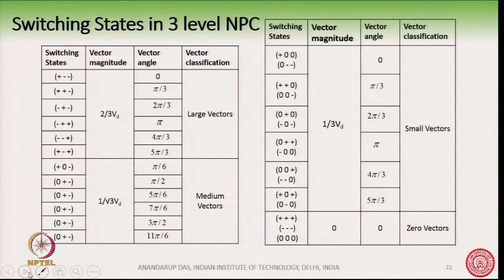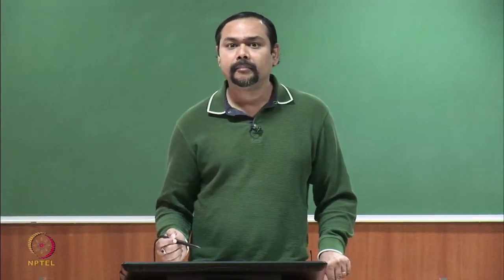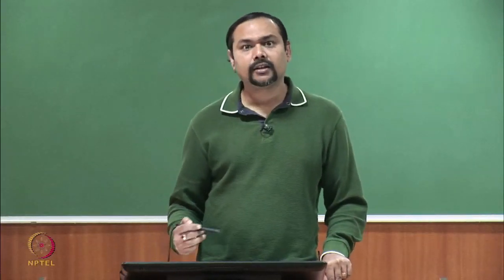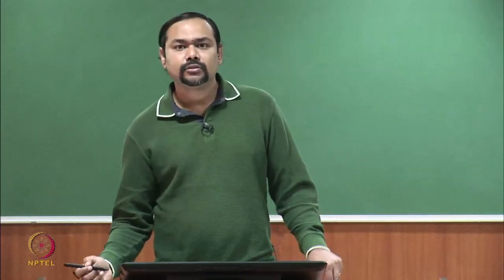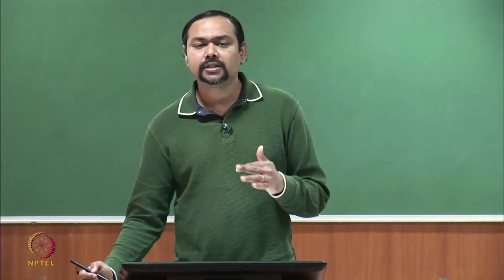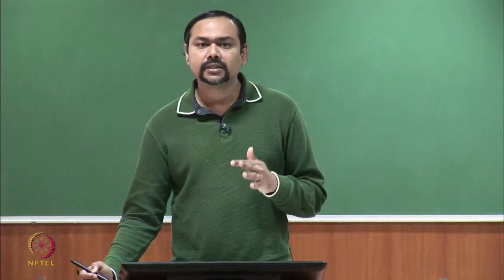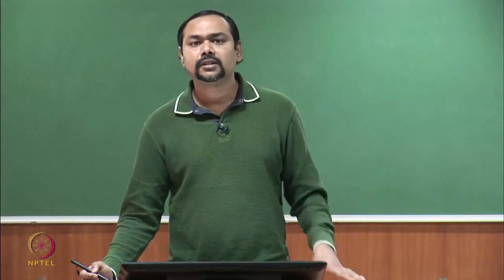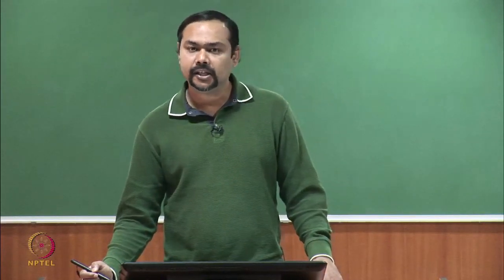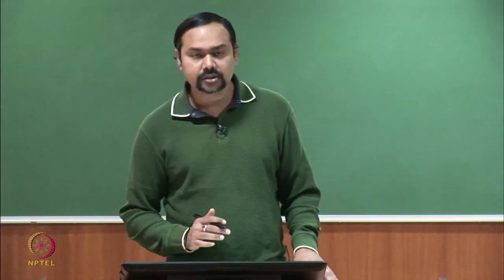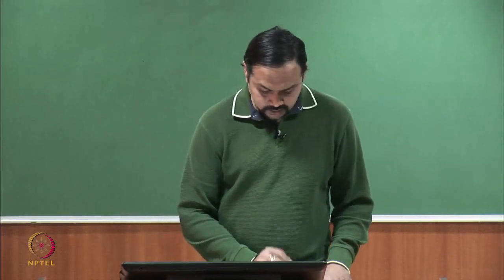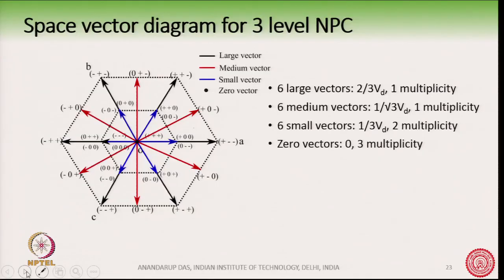So, 6 plus 6 plus 12 plus 3 makes 27. So, there are 27 switching states, and that forms the whole space vector diagram, which is now shown in this figure.